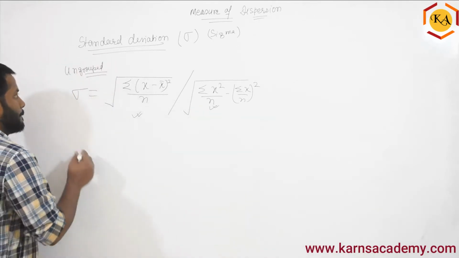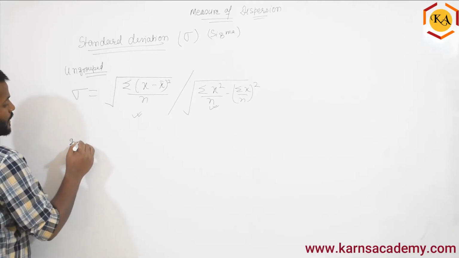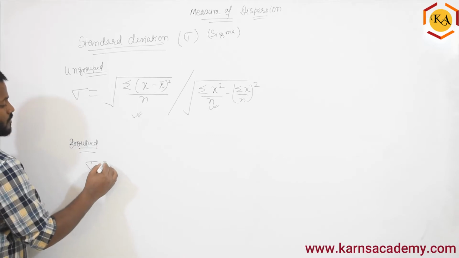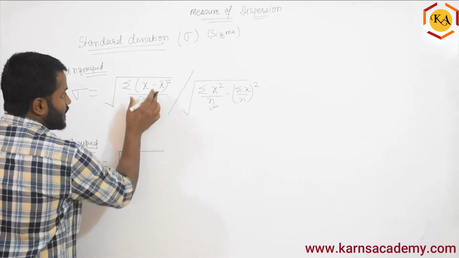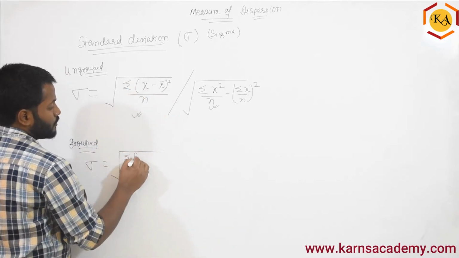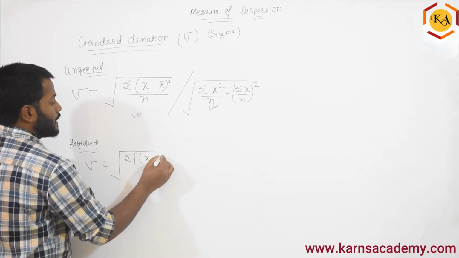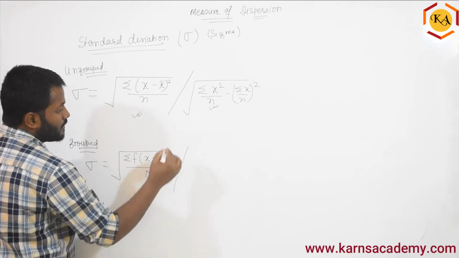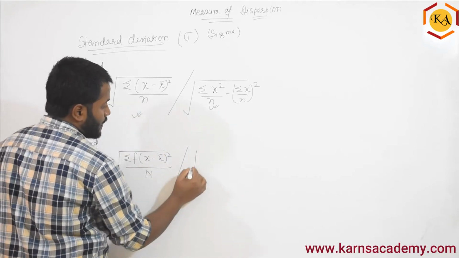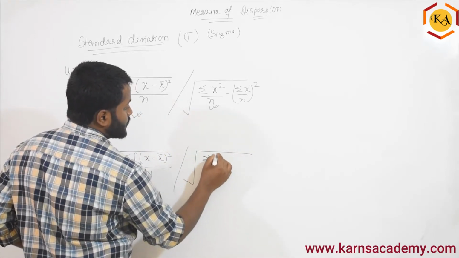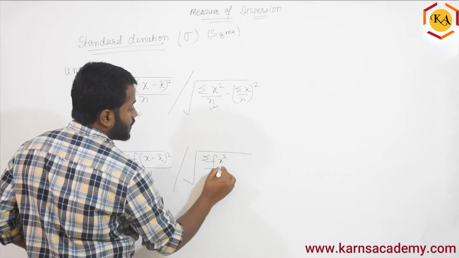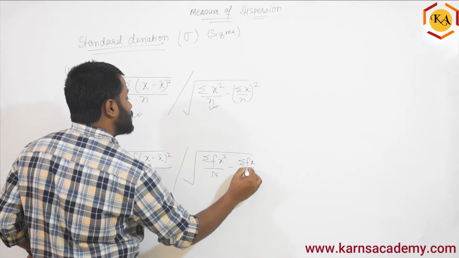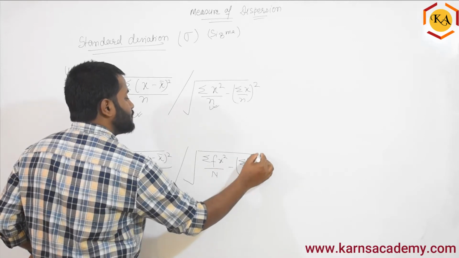If I'm talking about grouped data, both discrete and continuous, you have the same formula, only you have to multiply by the frequency. So it is the square root of summation f (x minus x bar) whole square divided by capital N, or in the other format, summation f x square by capital N minus (summation f x by N) the whole square.